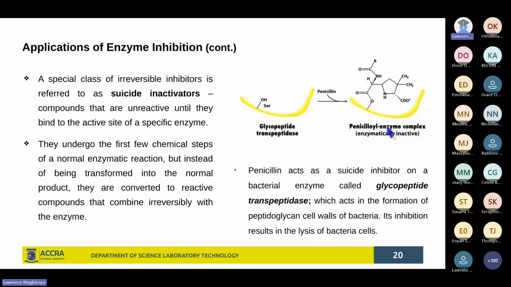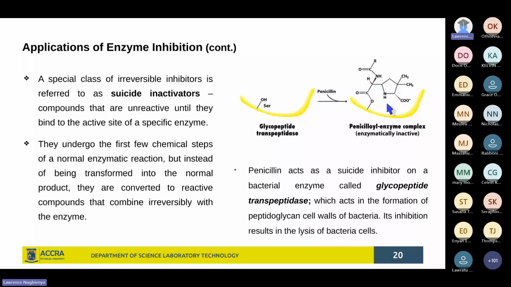This bond is a covalent bond, and so that inhibition is a permanent inhibition that results in the destruction of the bacteria.